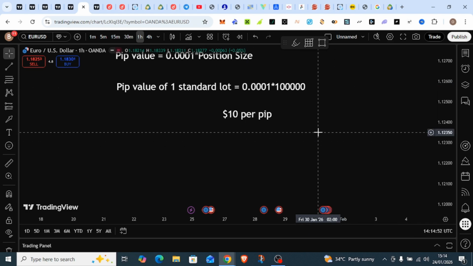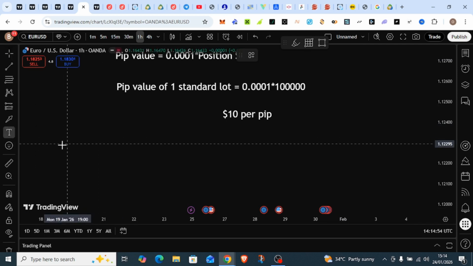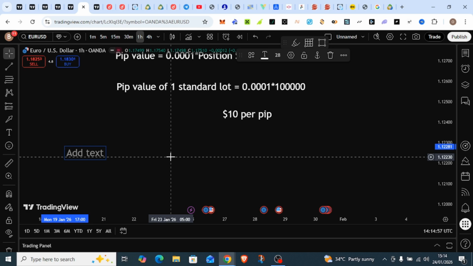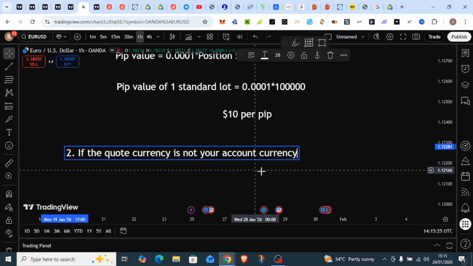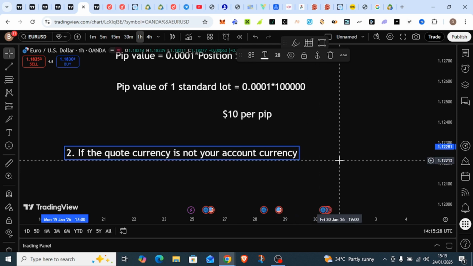Then let's look at the second condition. If the quote currency is not your account currency, we use a different formula.